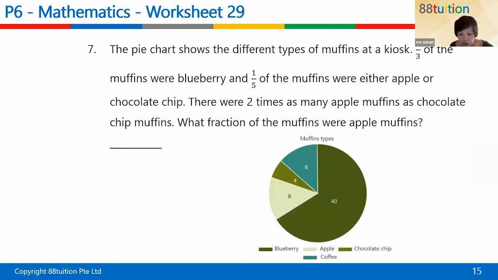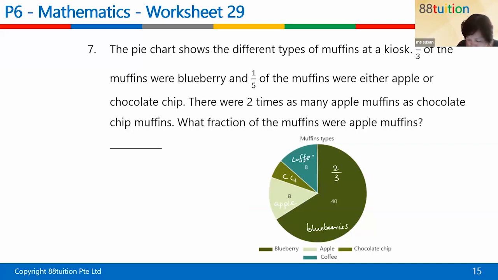The pie chart shows different types of muffins. 2/3 of the muffins are blueberry. So 2/3. Wait, probably I use this. This is blueberries. Then this is apple. And this is chocolate chip.